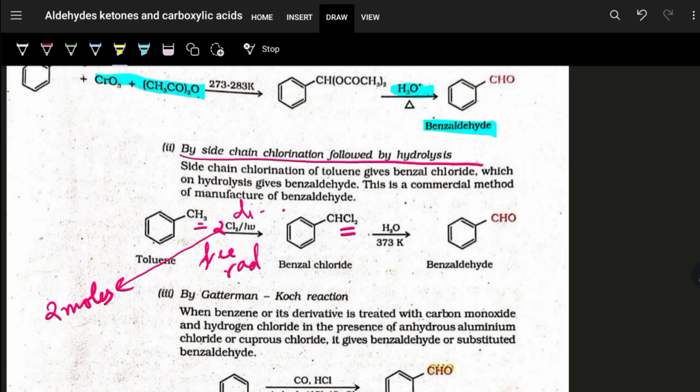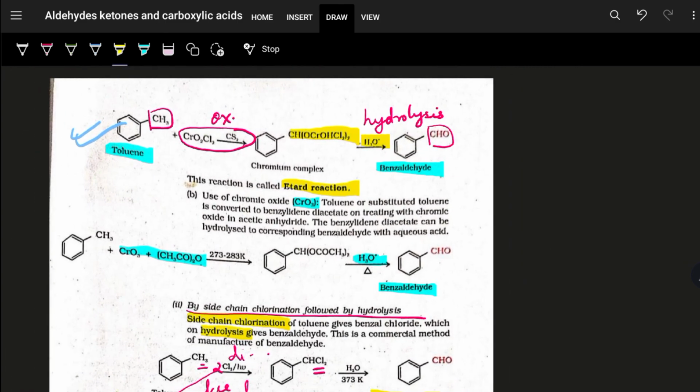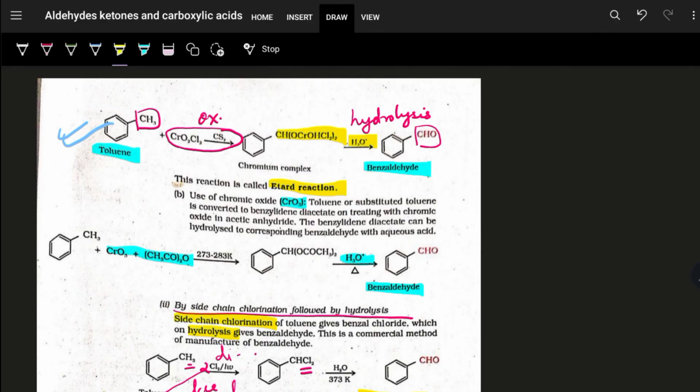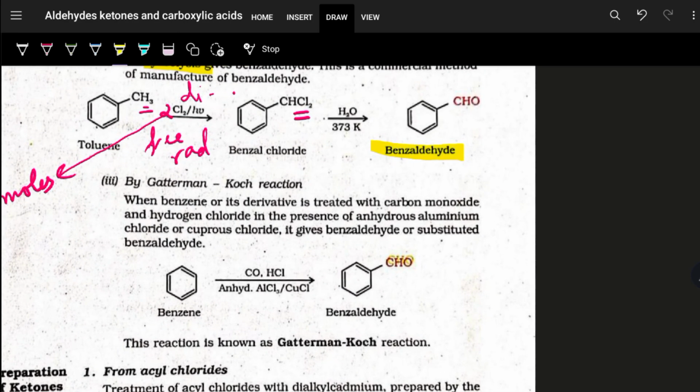First again over here we can see side chain chlorination followed by hydrolysis to obtain benzaldehyde. So many methods are there by which you can obtain benzaldehyde from toluene. Yet I will say do try to remember Etard reaction. Now benzene to benzaldehyde.